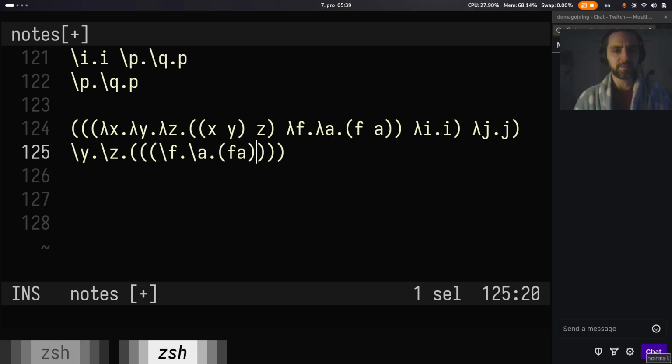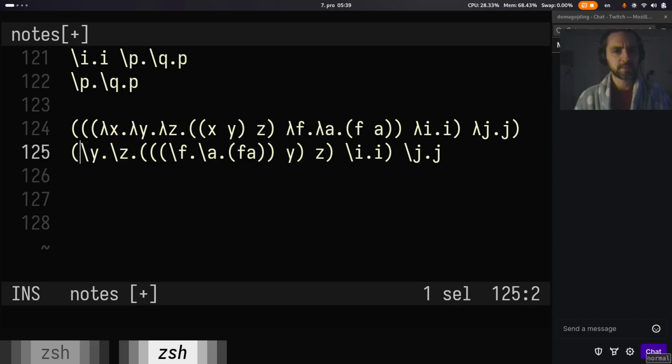Oh, this is going to become really fa. And this was being applied to y and to z. And then outside of that, we have a lambda i dot i, close brackets, lambda j dot j. Okay? Now it makes sense. Now it makes sense.